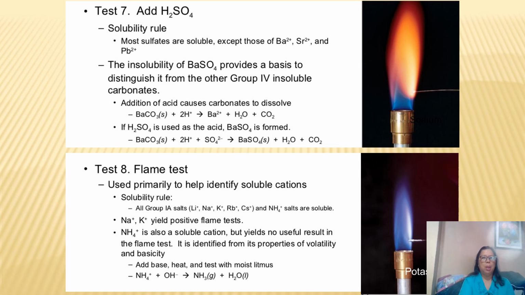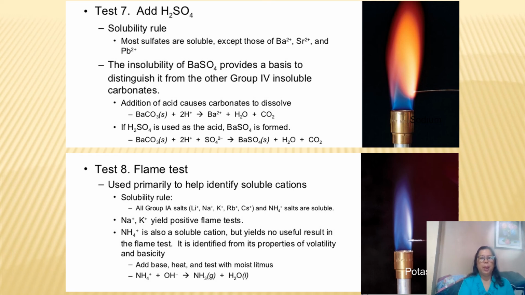For example, flame tests are usually used for elements like lithium, sodium, potassium, rubidium, all the salts stated here. It says here that ammonium is also a soluble cation but yields no useful result in the flame test. It is identified from its properties of volatility and basicity.